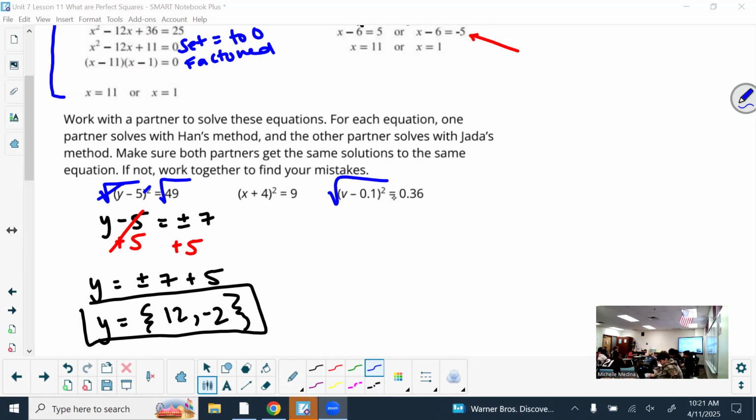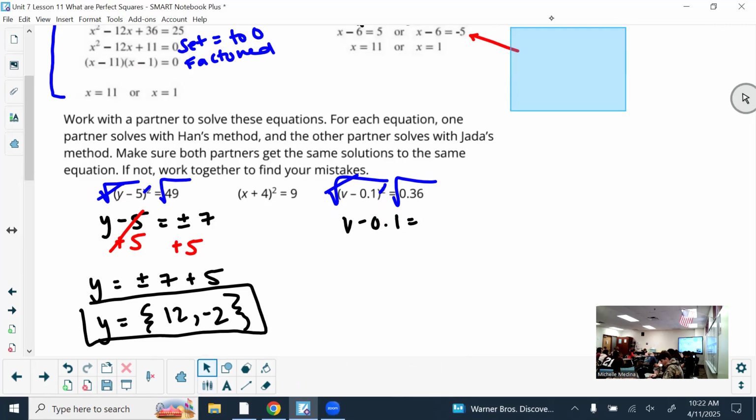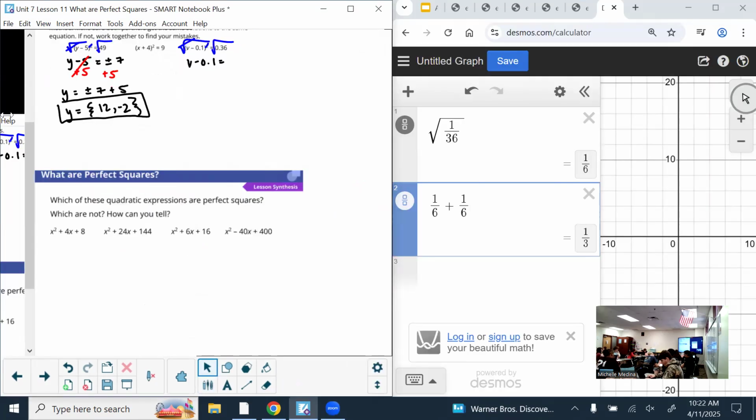Square rooting, because that's farther from the v, so do the opposite of squaring, which is square rooting. We get v minus 0.1 equal to the square root of 0.36. I would recommend just use the calculator for that.